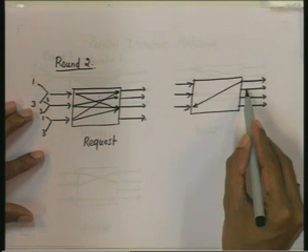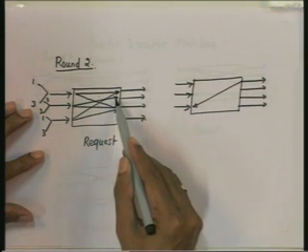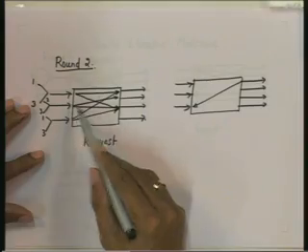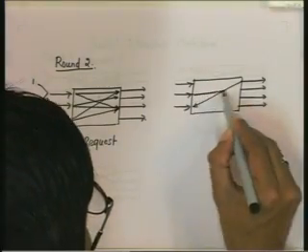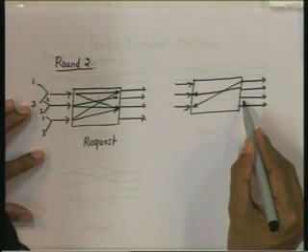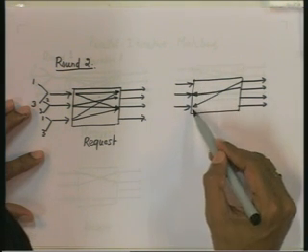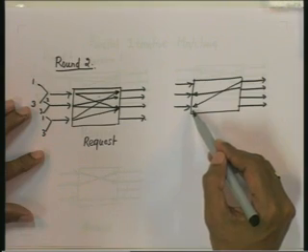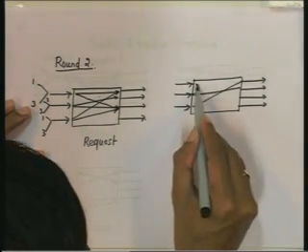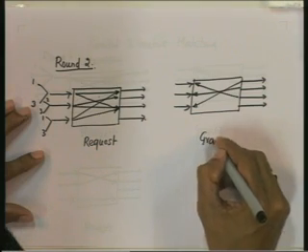Then this output port has received requests only from port 2, so it can grant it to port 2. And port 3 has received requests from port 1 and 3, so therefore it can grant it to port 1, let us say. So this is the grant phase.